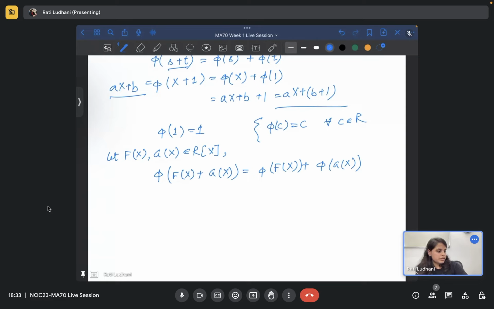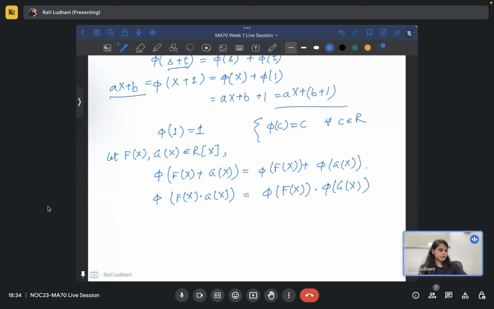And the other property you want is phi of f(x) times g(x) equal to phi of f(x) times phi of g(x).